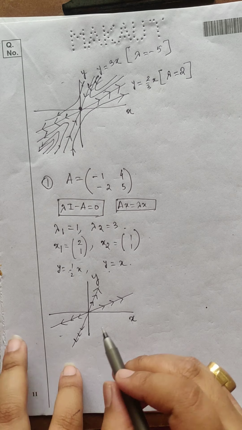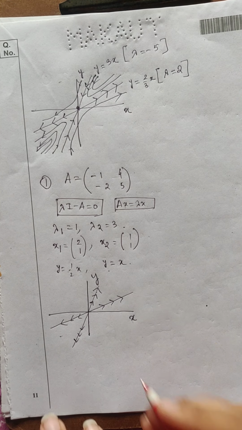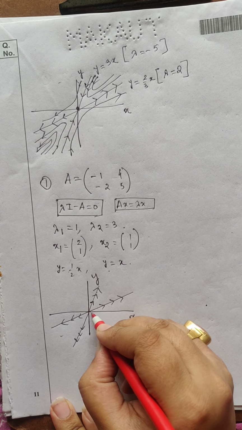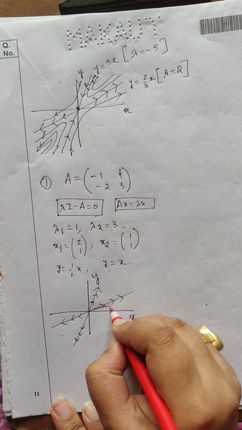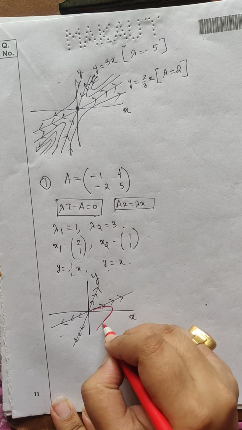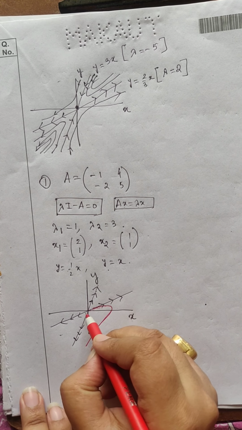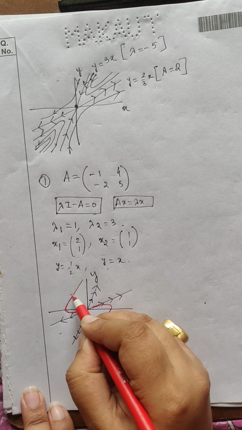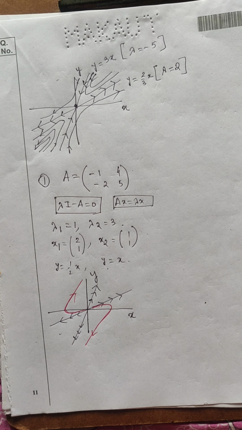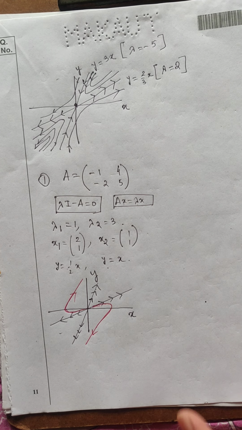It will start following this arrow and then follow this arrow. In the same way, these two are my phase portrait when I have two positive eigenvalues.